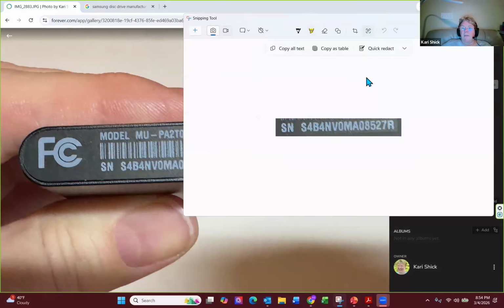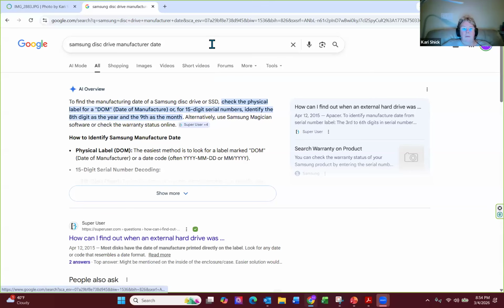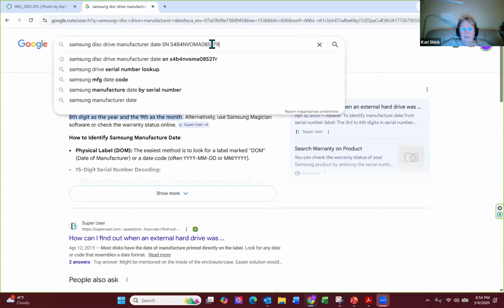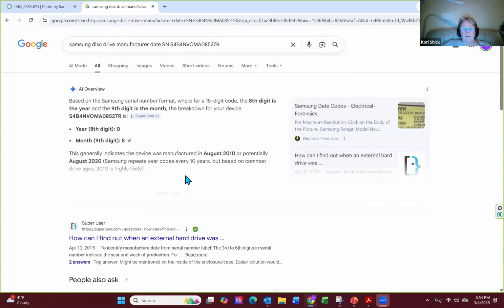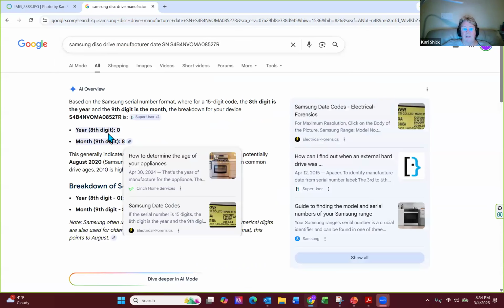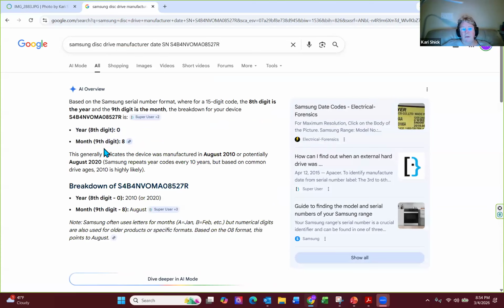If I click that, it will identify the text, and then I can copy it to my clipboard. I'm going to paste that into this search bar, and it's going to tell me what that code actually meant, because the 8th digit was 0 and the 9th digit was 8. So it says it was manufactured in August of 2010.